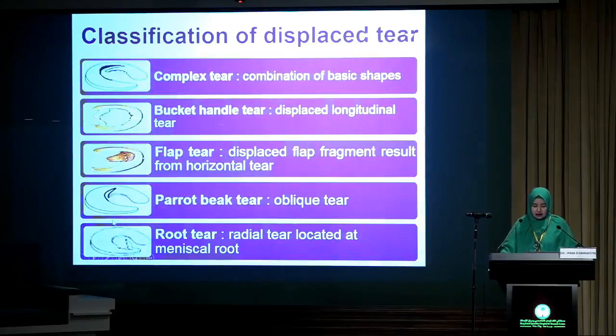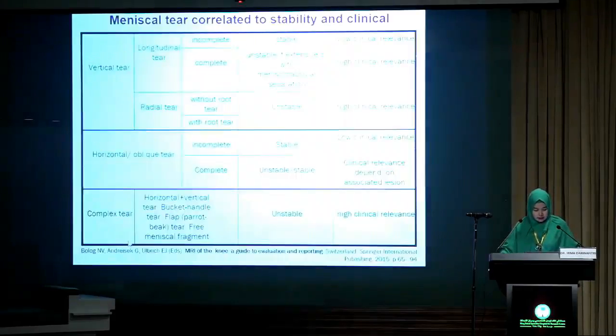Classification of displaced tears: there is the complex tear, a combination of basic shapes; the bucket handle tear, a displaced longitudinal tear; the flap tear, a displaced flap fragment resulting from a horizontal tear; the parrot beak tear; and the root tear, a radial tear located in the meniscal root.